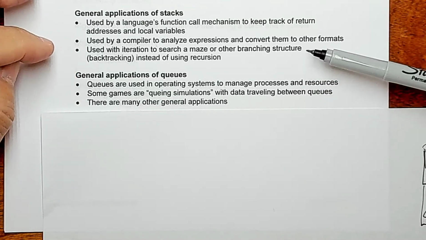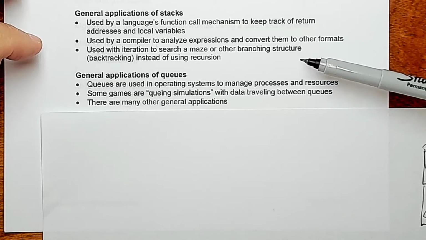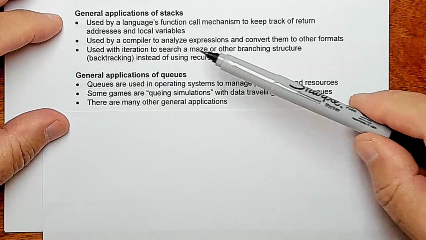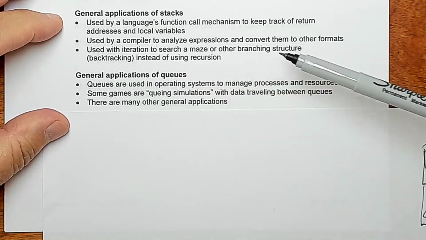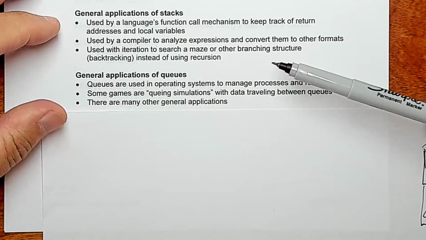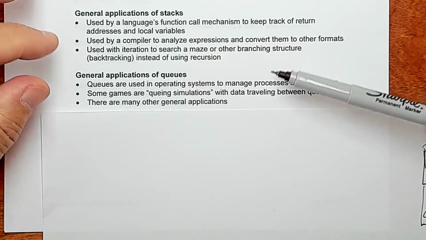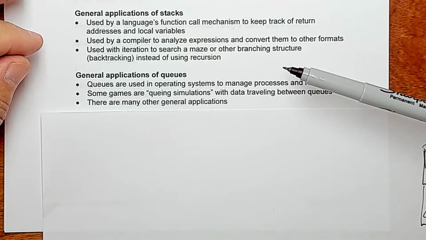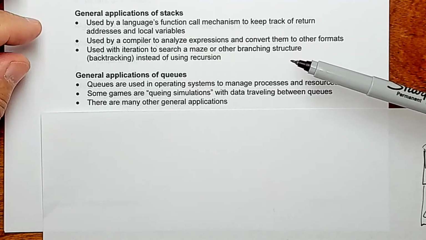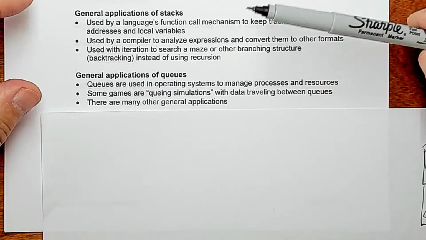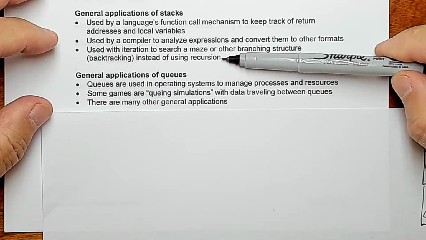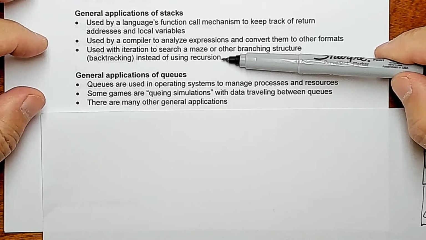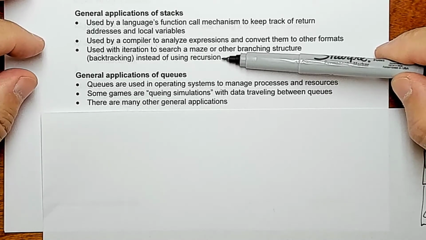And one way to do that is to utilize a stack. So what I'm saying is you can convert a recursive function into an iterative function by using a stack. You'll have an iterative loop accessing a stack, pushing and popping onto an explicit stack, as opposed to using recursion, where you sort of have an implicit stack.